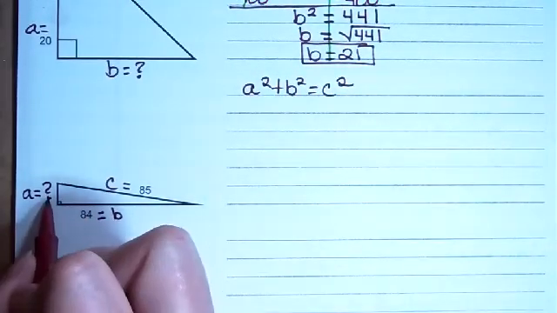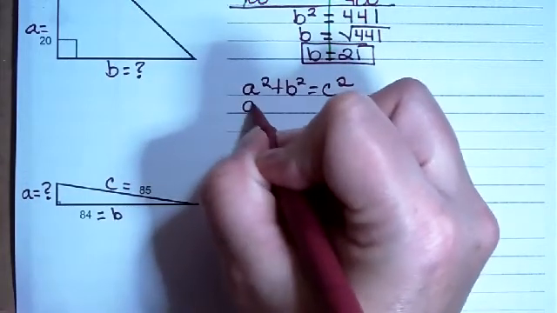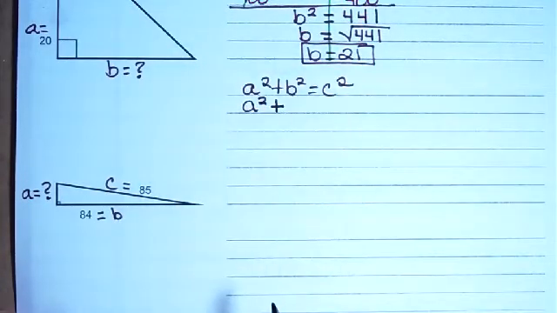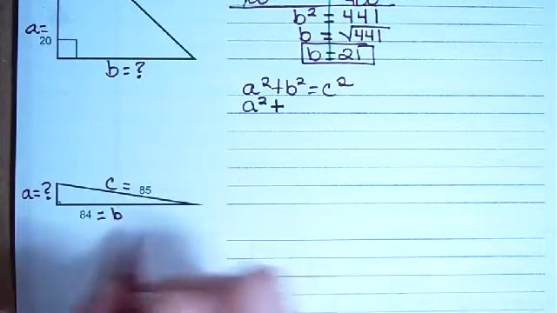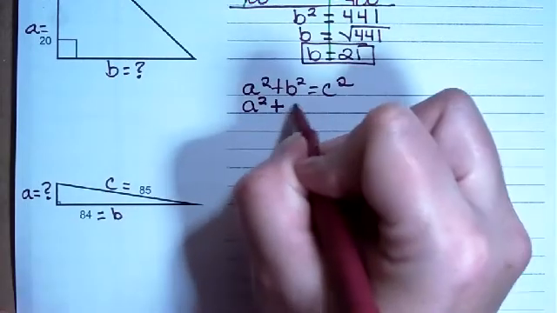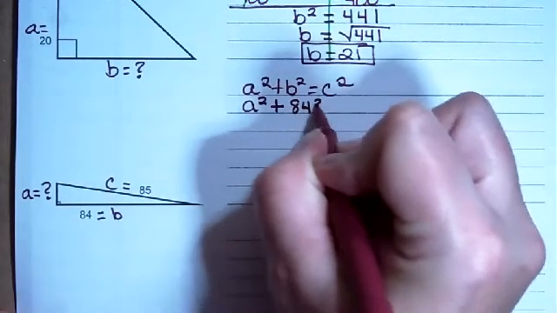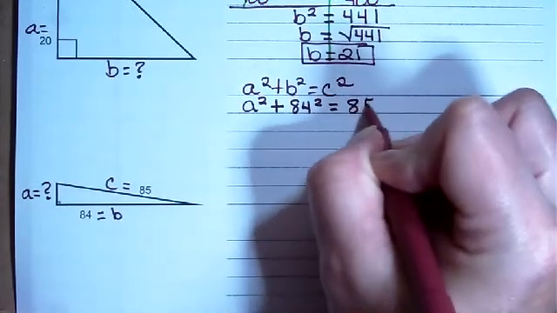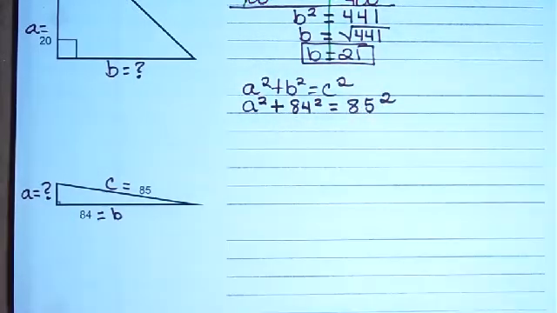Now, I'm missing A, so I'm just going to leave it as A squared plus, now, look right here. B is going to be 84, so I'm putting down 84 squared equal to C is 85 squared. Okay?